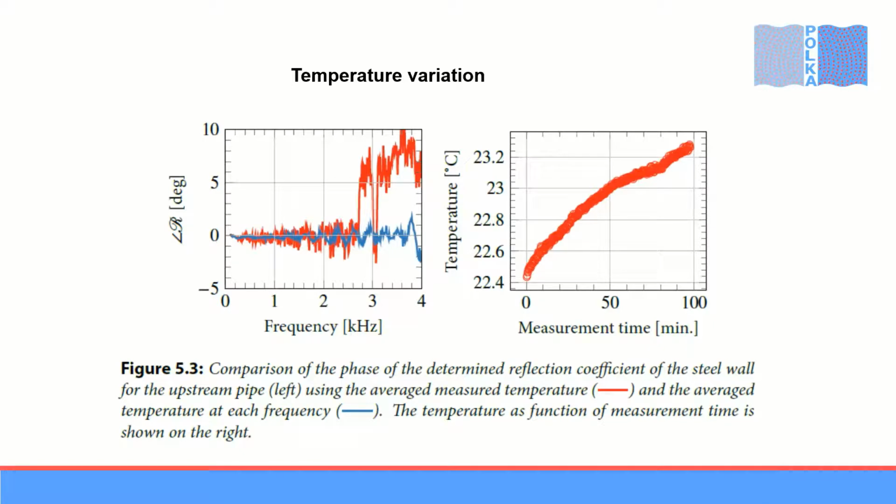To the left we have the phase measurement, and the blue one is if you take the actual temperature at each frequency. That means at each time, because he stepped the frequency, so a certain frequency was measured during a certain time period. And to the right, you see the variation of temperature during this measurement time, which was 100 minutes, it seems. So there was a variation of 0.8 degrees or so.